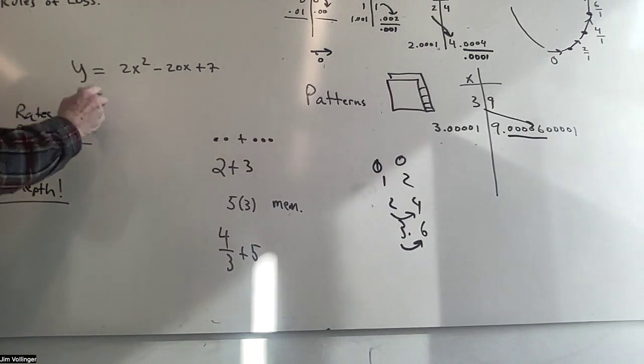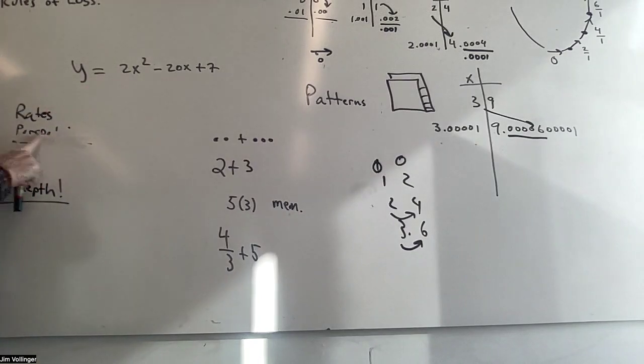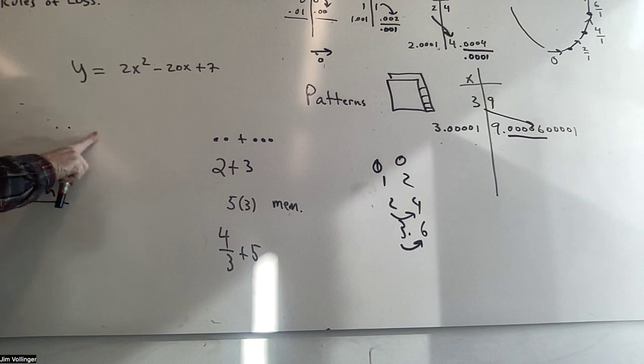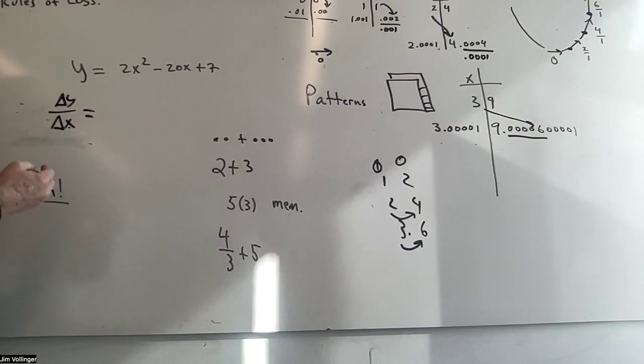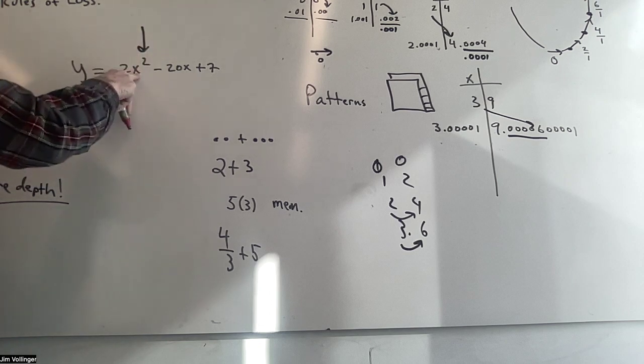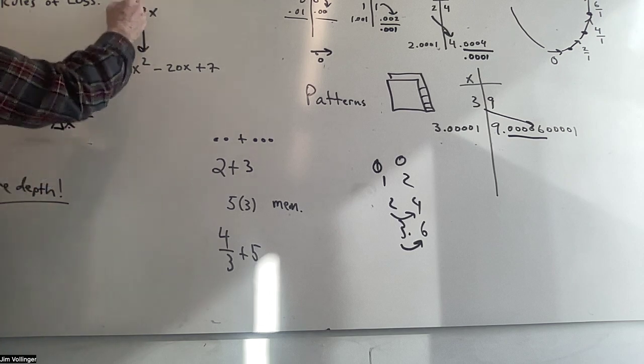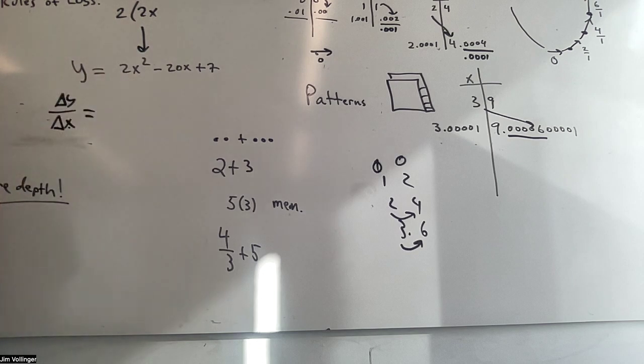So, could I talk about this as rates of change? I'll use this terminology for right now. Could I really be talking about change in y, change in x in terms of at a moment? Because I think we just proved that the rate of change of x squared is 2x, and I'm actually multiplying that by a 2. I think I get 4x as how this term is changing.